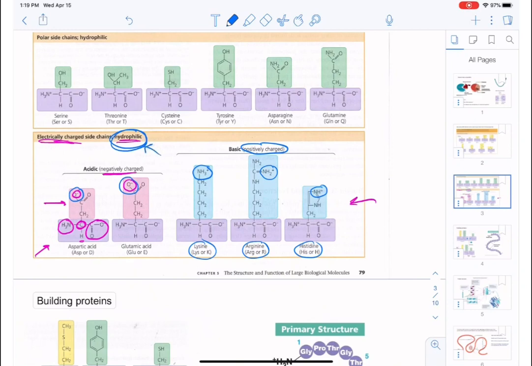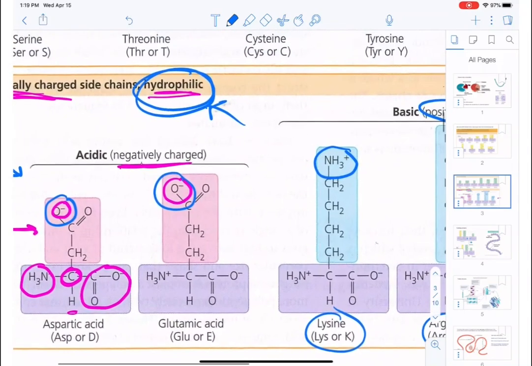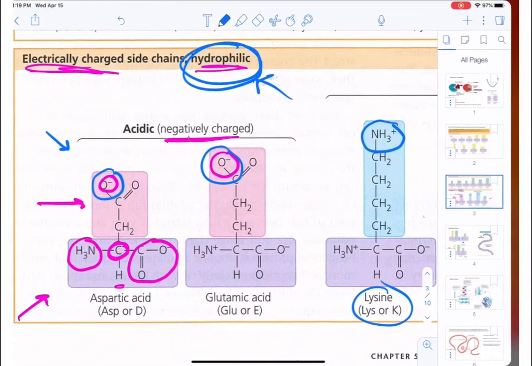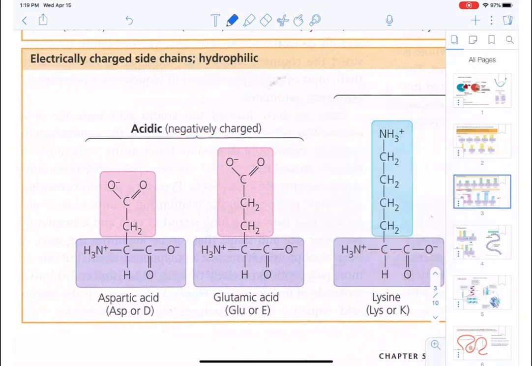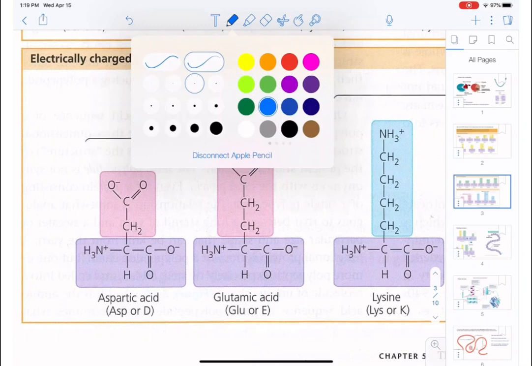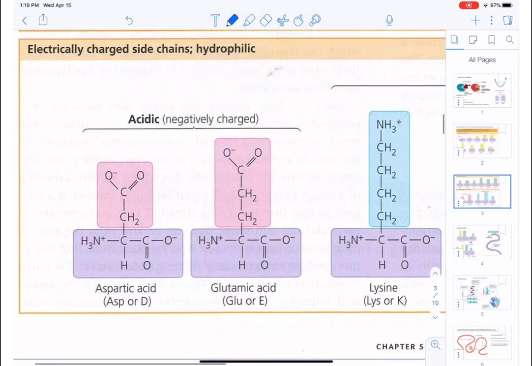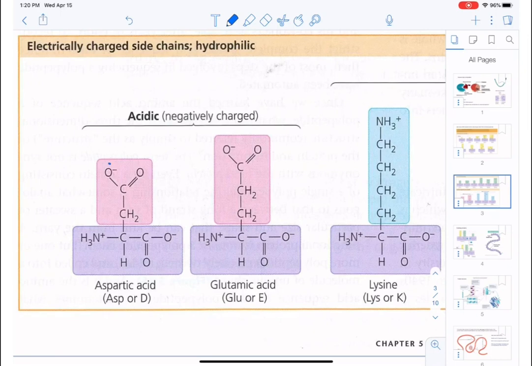Because remember, water is polar, and the oxygen portion is negative, the hydrogen portion is partial positive, and what that means is that the water molecule can be attracted to this side chain. And for instance, what part of a water molecule is going to be attracted to this negatively charged oxygen there?